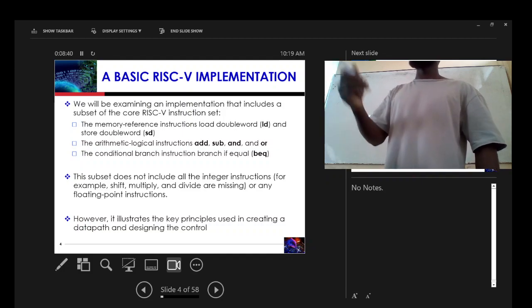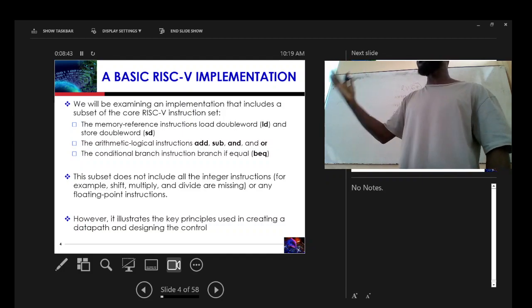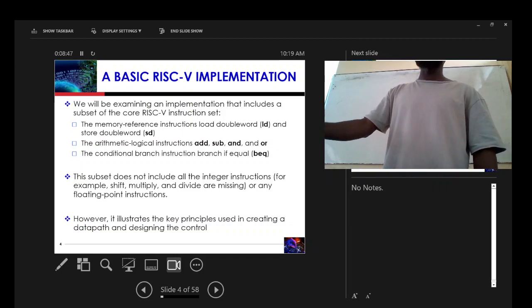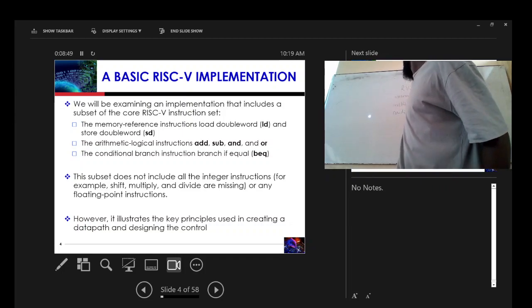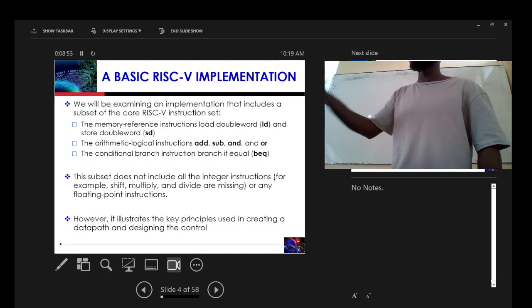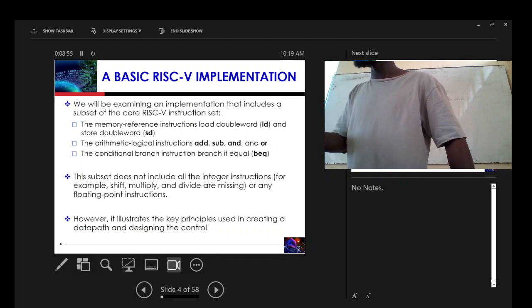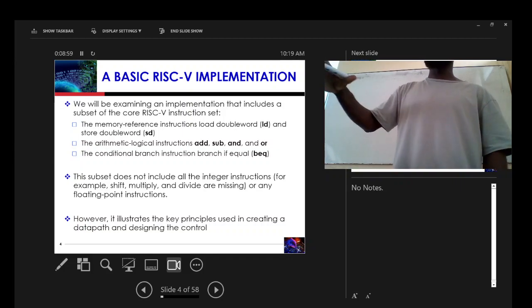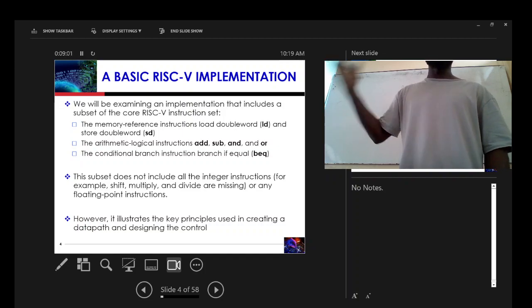The more instructions you add to your CPU, the more marks you get. Now you can also decide to do what I just did, only the 7 instructions, then get about, let's say, one third of the marks, right? So if you add more instructions, you get more marks. Understood?